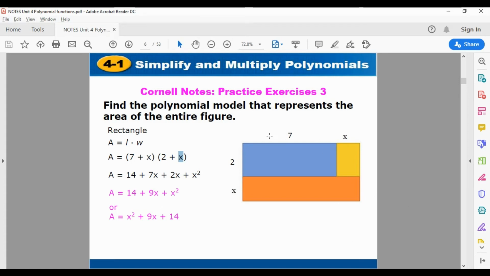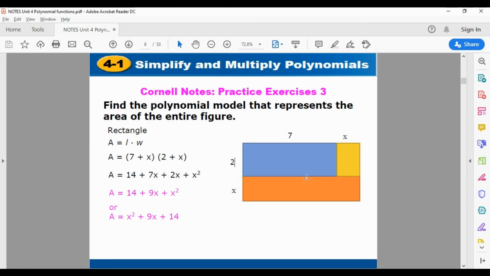And so you can see here how we have this rectangle that we're trying to find the area of, and now these numbers hopefully will start to make a little bit more sense. This is the 7 plus x side here. I'm going to call that my width, and I know it doesn't quite match up here, but traditionally the width is the horizontal and the length is right here. This is the 2 plus x.